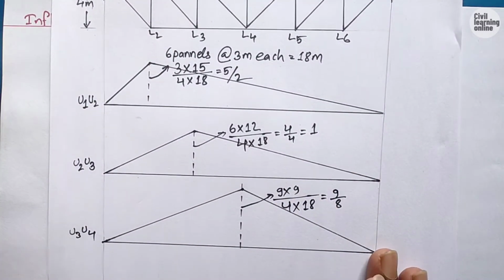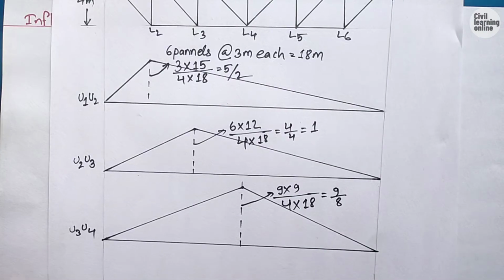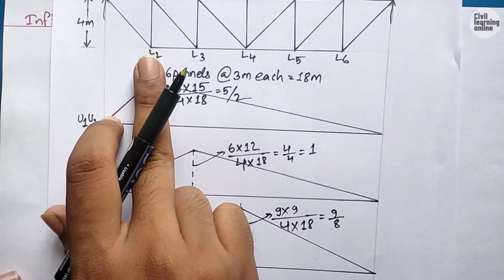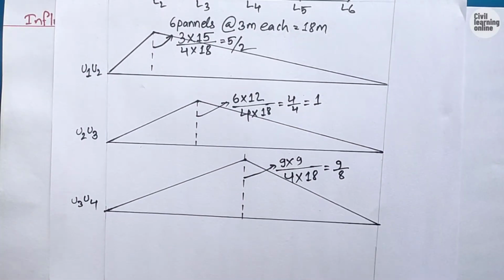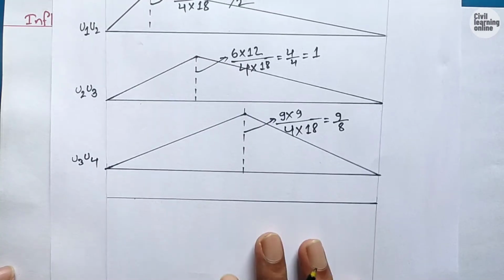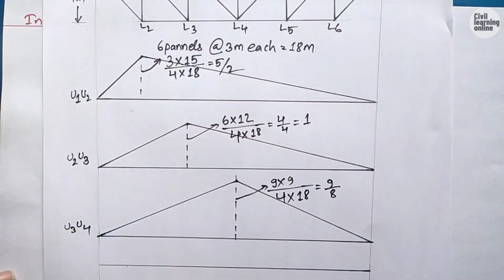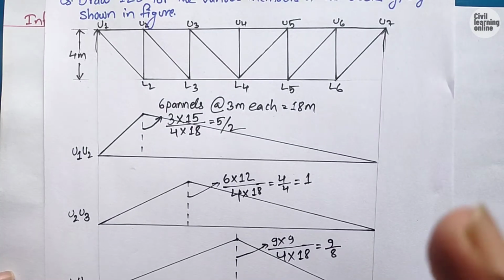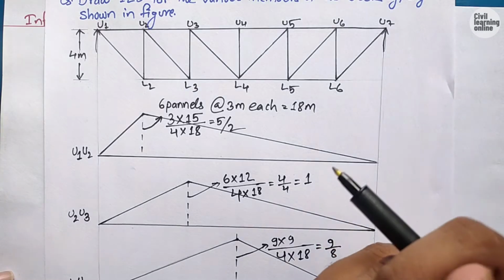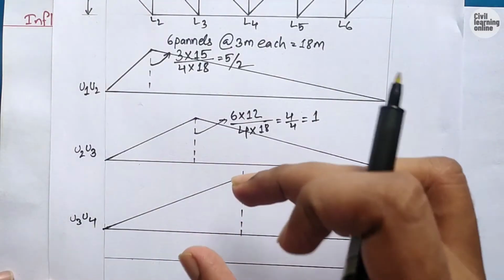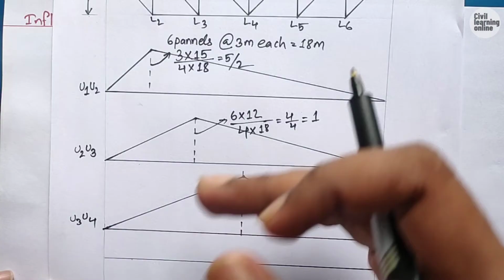Now we will move toward the influence line diagram for the lower chord members, and first we will draw the influence line diagram for the lower chord member L2 L3. We all know that the lower chord members of the truss are in tension, and here I will draw the tension with a negative sign, meaning below this line, as I drew the upper chord members, which were compressive in nature, as positive.